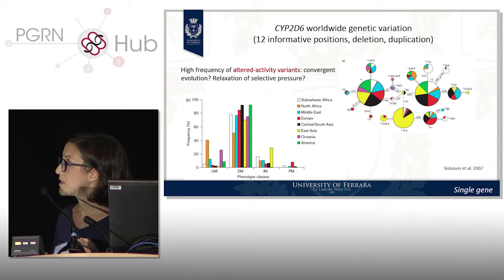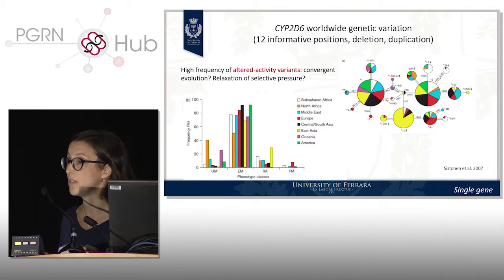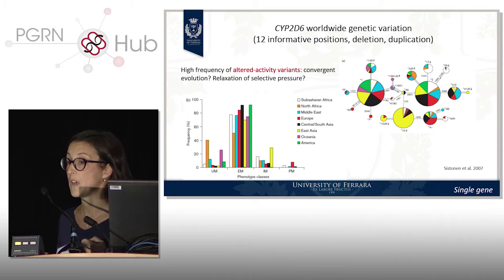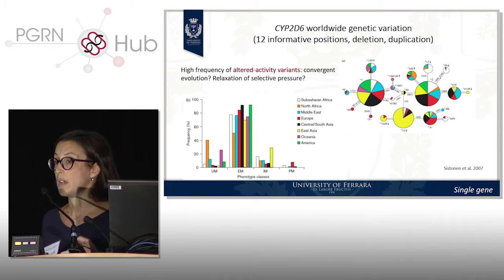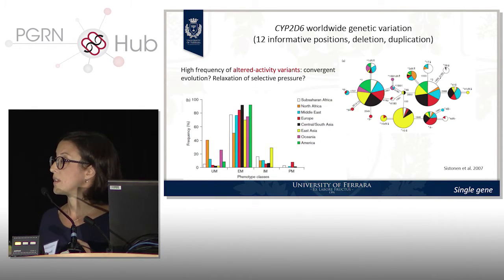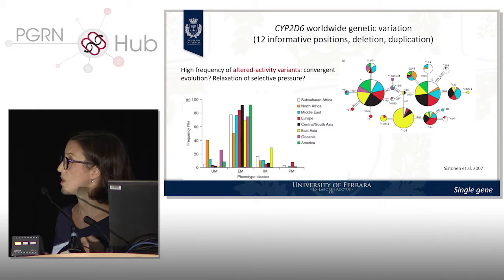So what this network is telling us, first of all, is that there are several haplotypes kept at a relatively high frequency in different populations, despite some of them being low functional haplotypes or even null functional haplotypes. This is not an unusual thing for a coding gene. Plus, we also have these ultra-rapid haplotypes that are due to the fact that this gene has copy number variation, as we just heard.